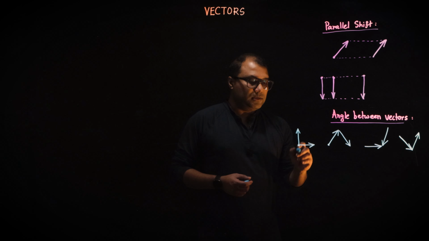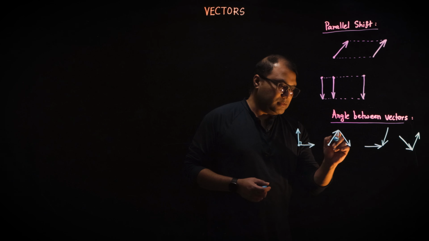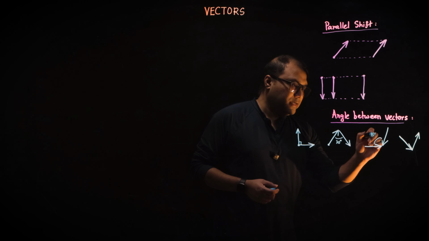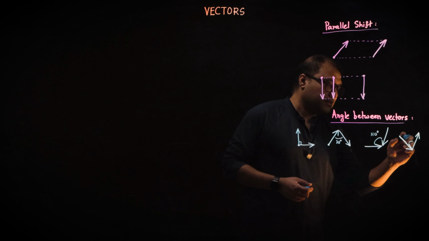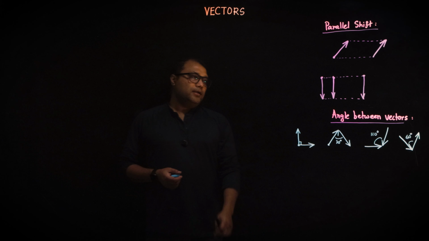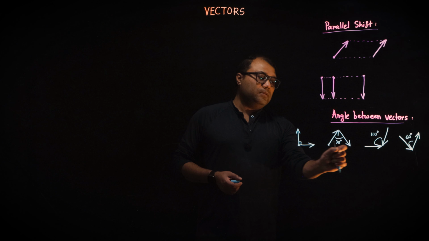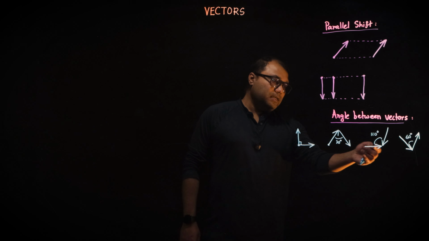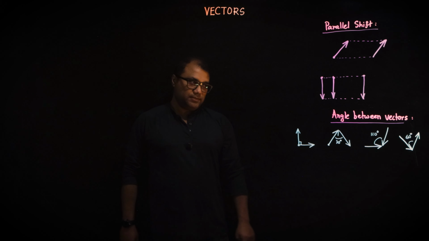Okay, this angle is given as 90 degree, this is given as 30 degree, this is given as 110 degree, this is given as 60 degree. What is the angle between these vectors? Is it 90, 30, 110, 60 or something else?